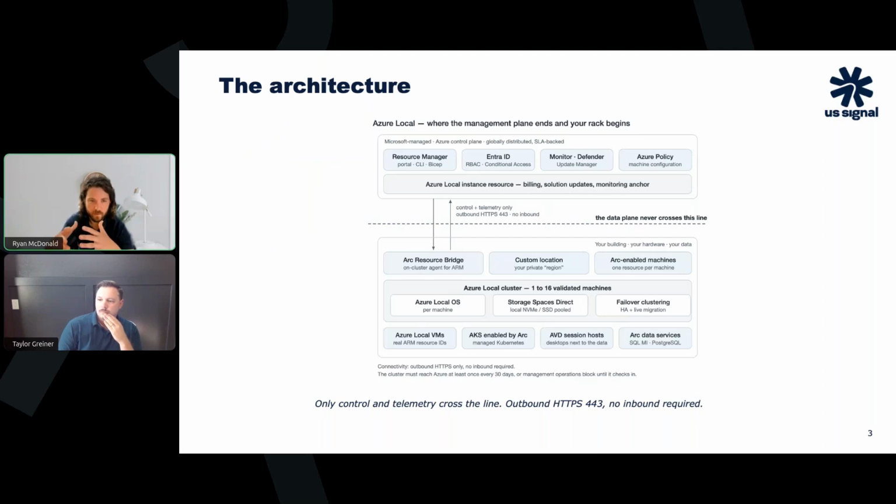Those are items you're not going to have to worry about HAing. The only traffic going between the two is control and telemetry. So you've got your Azure Local OS, your disks, your AVD session host, Kubernetes, and everything can still be local in your data center.